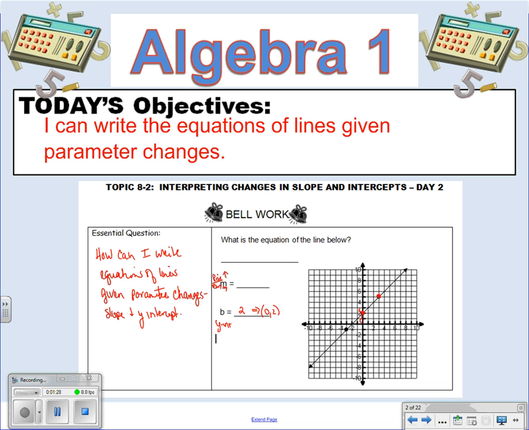I will rise up 1, 2, 3, and then we will run 1, 2, 3 in order to get to the point. So 3 over 3 is 1. Our equation, we are going to use y equals mx plus b, which is our slope-intercept form. So we get y equals, the slope is 1, and the intercept is positive 2.